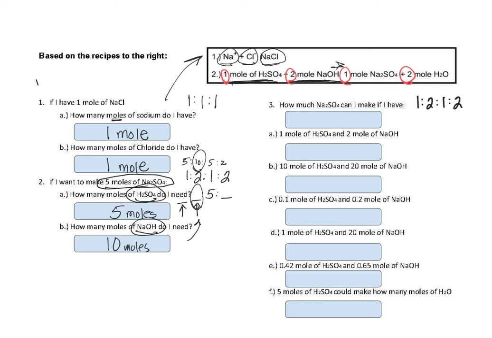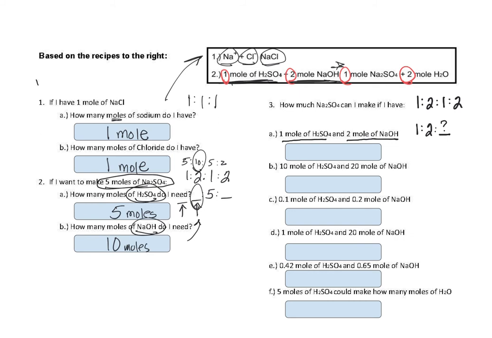All right, so using the same equation, now we want to know how much sodium sulfate I could make if I have 1 mole of the sulfuric acid and 2 moles of the sodium hydroxide. So they're saying I have 1 mole of this and 2 moles of that, and they want to know how much of this I could make.